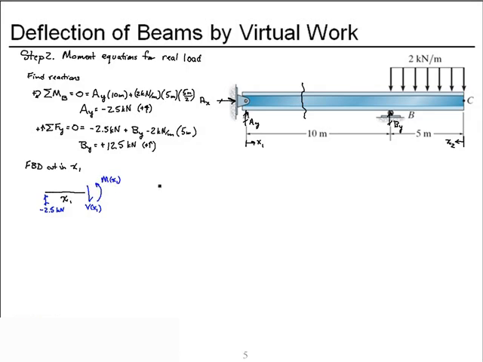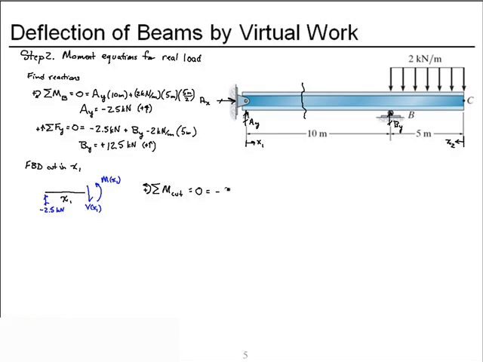So now we'll sum moments at the cut. This time I'll choose counterclockwise as positive, since the unknown moment is drawn counterclockwise.